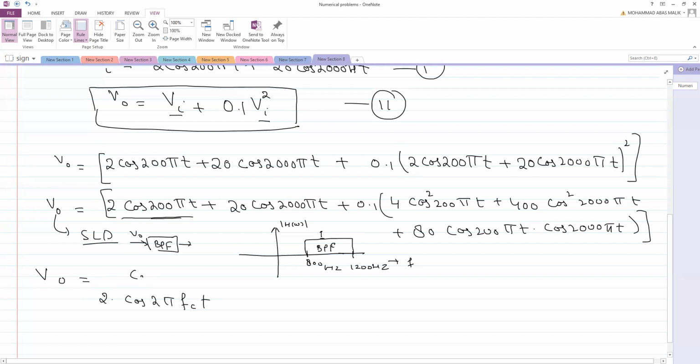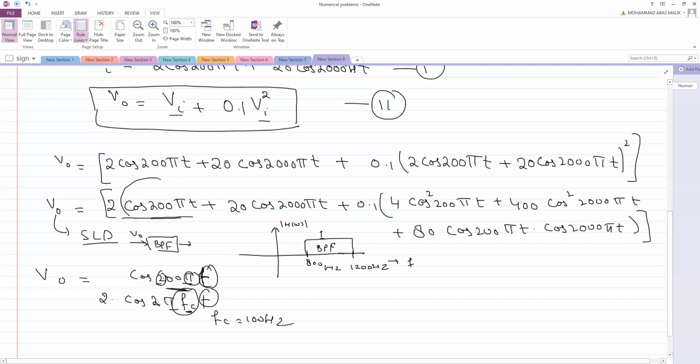On comparing this with cos 200 pi t, this is 2 into 100, 2 pi, and t is compared with this. So what you will get? Fc is 100 hertz, right?